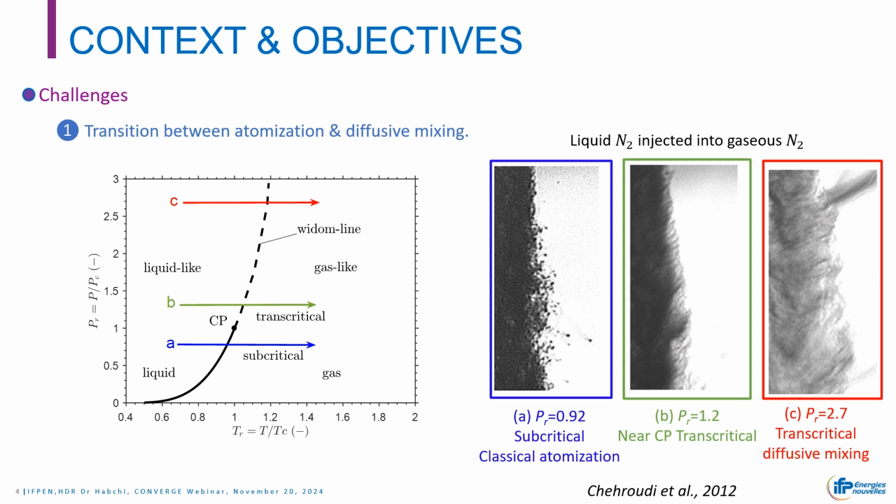As in the third regime, where droplets are no longer observed, we are going to a regime where the liquid-like state is transformed in the vicinity of the Widom line into a gas-like state, and the flow becomes very diffused.